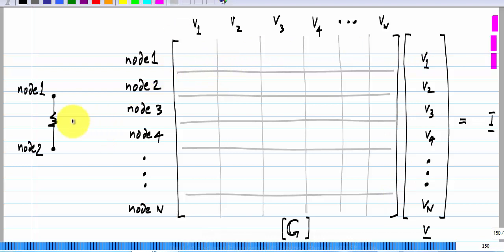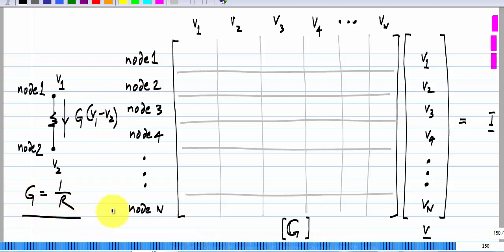So there will be a current, and the voltage at node 1 is V1, the voltage at node 2 is V2. So the current will be G times V1 minus V2, where G again is 1 by R, and I have been saying repeatedly, sometimes it's convenient to use resistances in the formulation of equations, sometimes it's more convenient to use conductances.